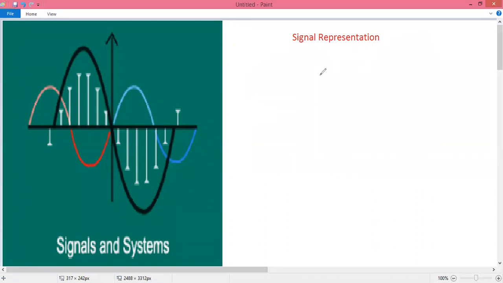Now I have two vectors, v1 and v2. Let us assume this is v1 and this is v2. If I want to represent v1 in terms of v2, I need to draw a perpendicular line.